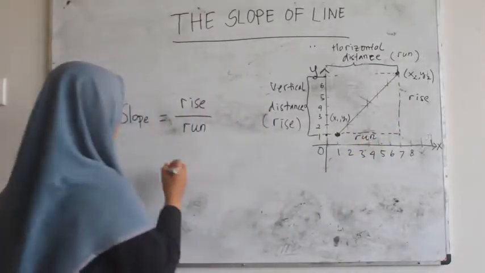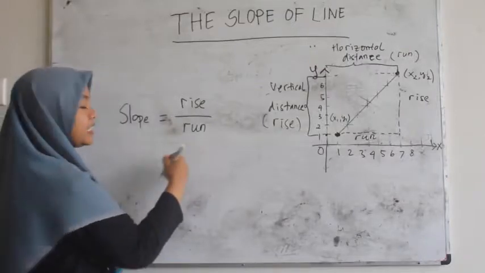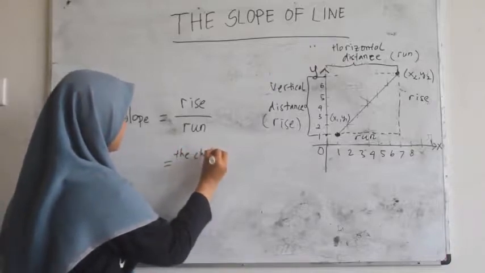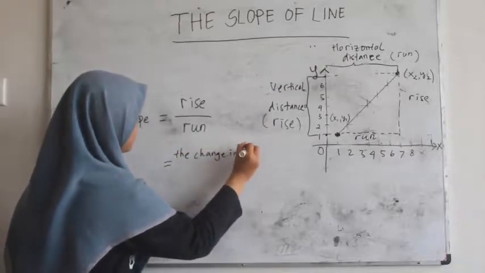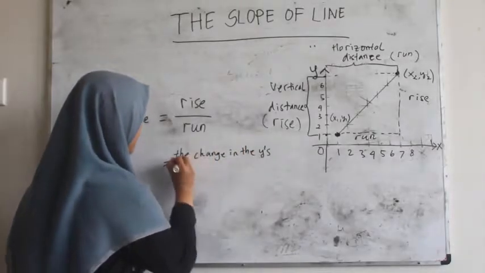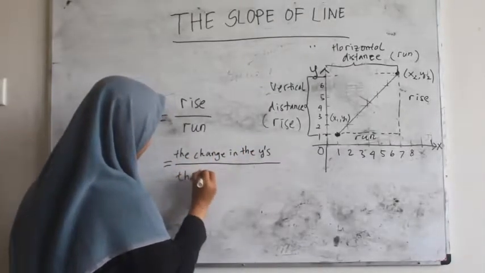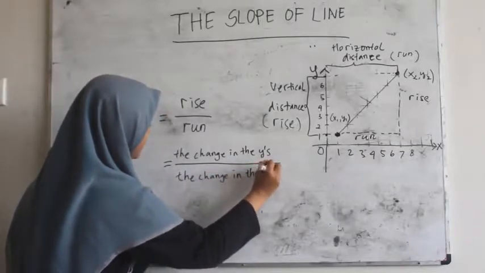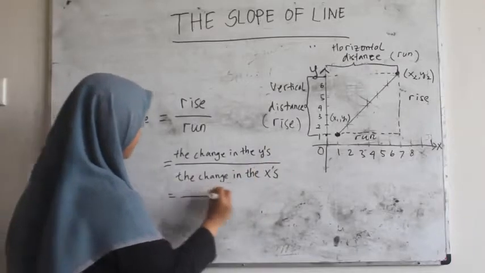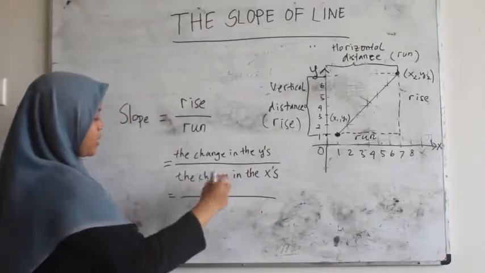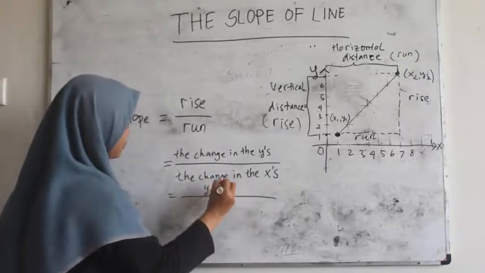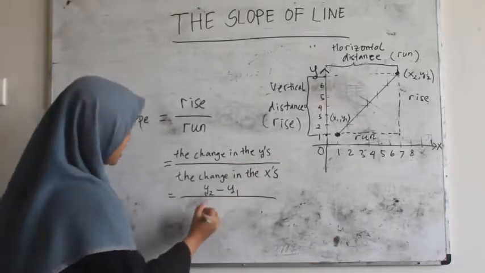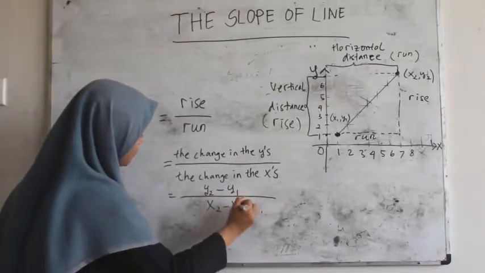So the slope is the rise, the change in the y's, divided by the change in the x. The change in the y's is y2 minus y1, and the change in the x is x2 minus x1.